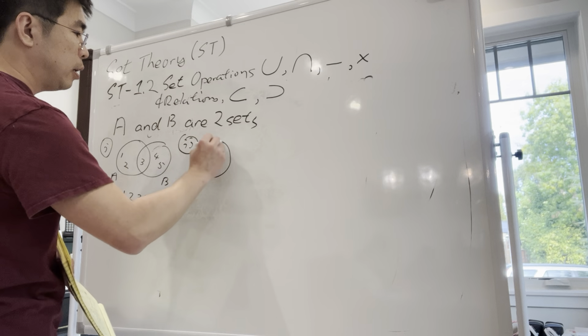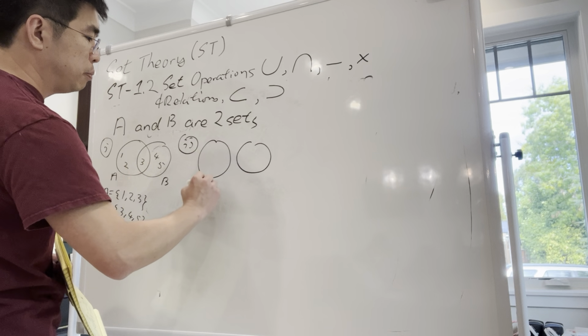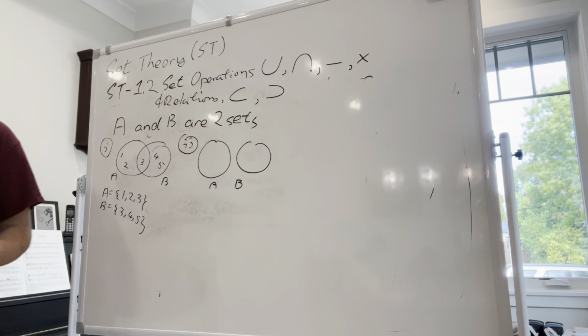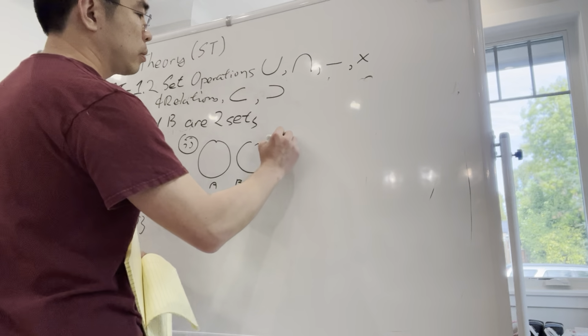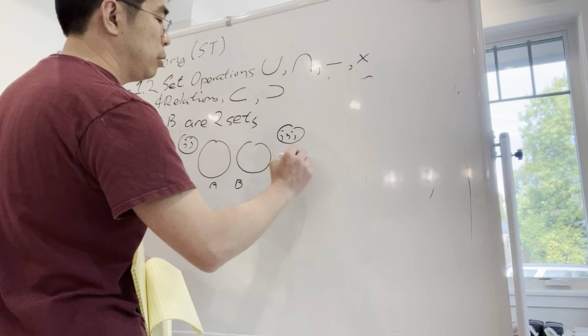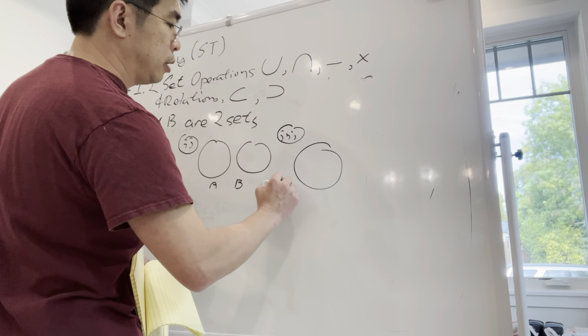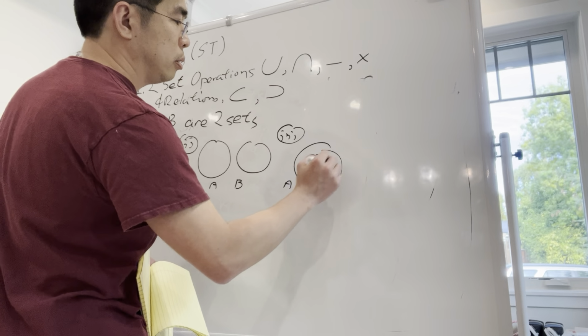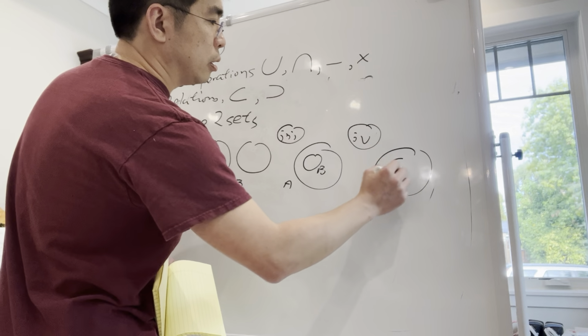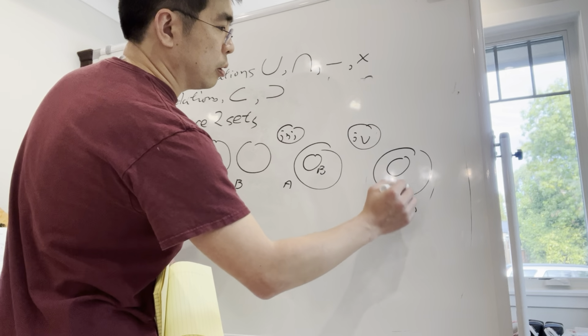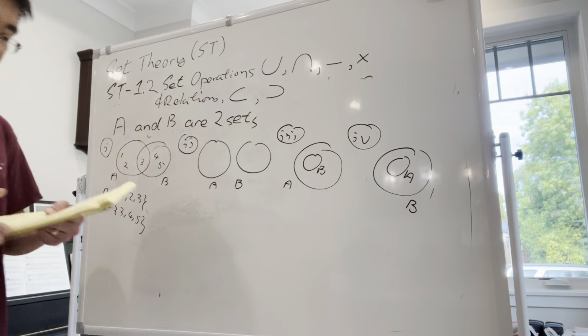For example, A and B can be completely unrelated. There's just kind of no overlap. It could also be one containing another, in two different directions.